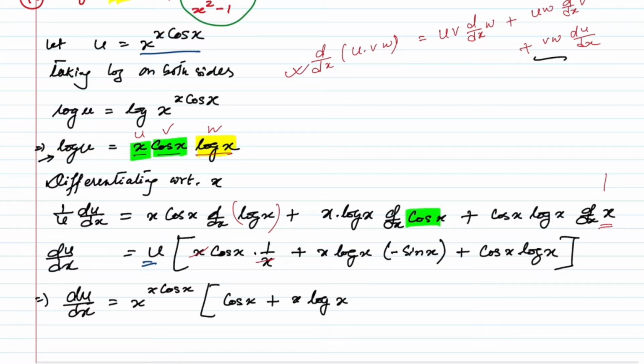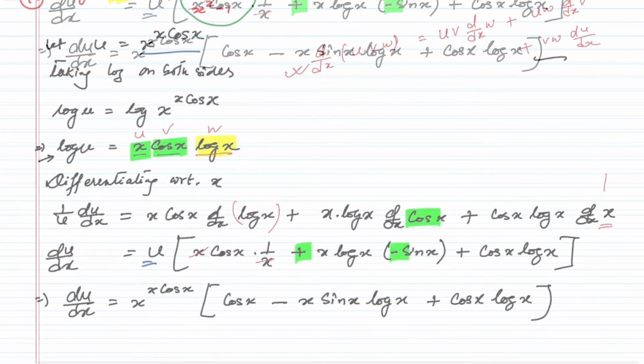Here remember one more thing, let me write here, this sign will be minus, this is plus, this is minus, so plus minus minus, minus x sin x log x, you can write like this, and then also you can write here cos x log x. Okay, so I hope you have understood this.